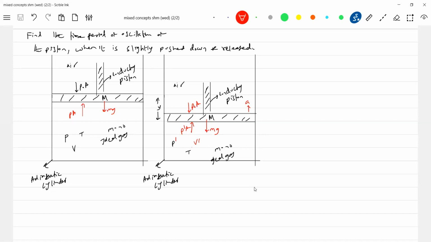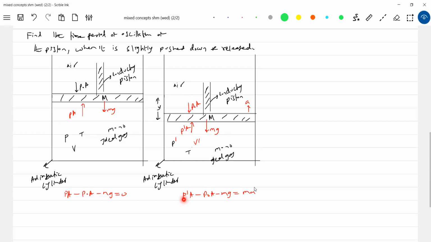Okay, how to bring this? Initially, PA minus P naught A minus mg equals 0. That's the initial condition. Finally, P dash A minus P naught A minus mg equals ma. Do I agree with this? Why ma? Because the net force on it will be upward.